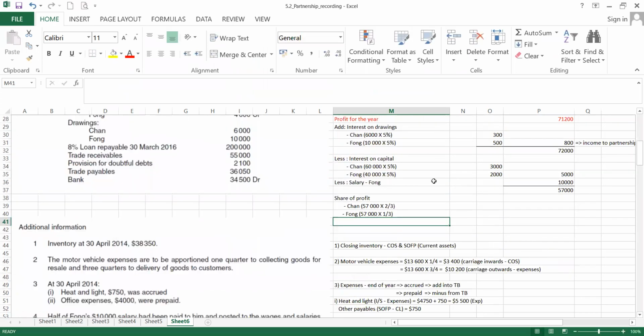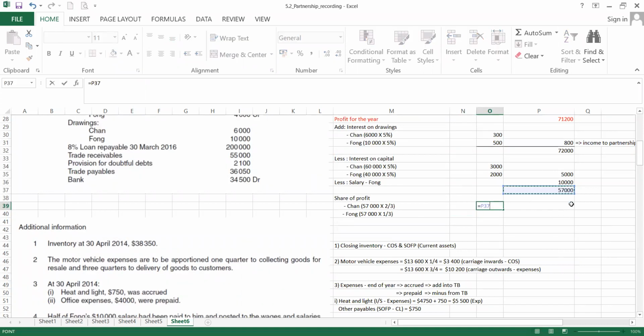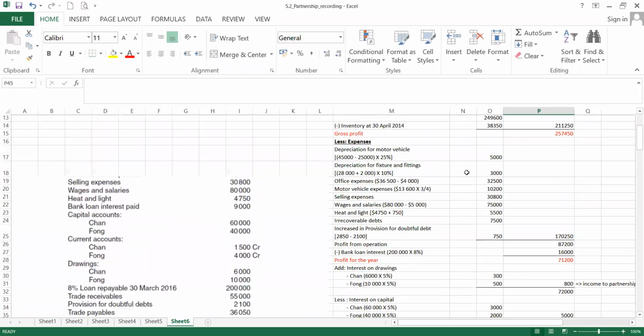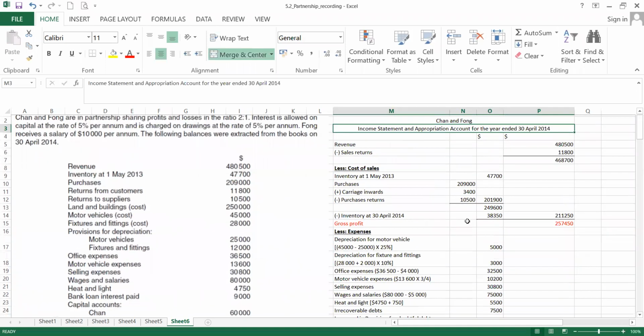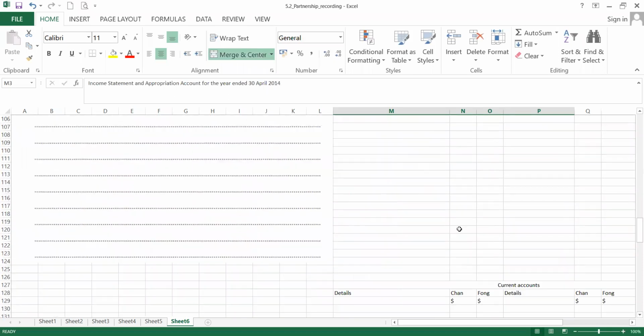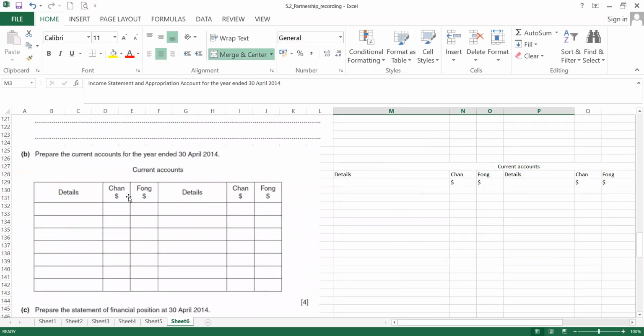So this is the answer that we get. So now we calculate this divided by 3 times 2. So this one divided by 3. So this is the total amount shared among the partners for the share of the profit. So consider that for the income statement and appropriation account. So the next, they asked to prepare the current account.